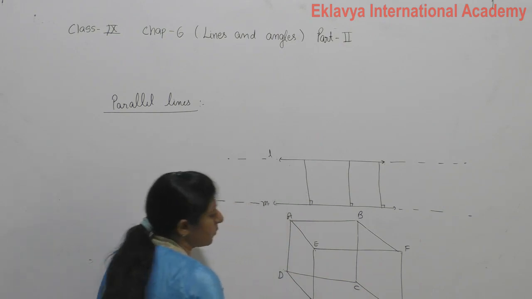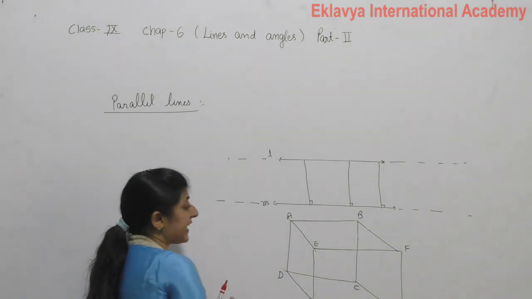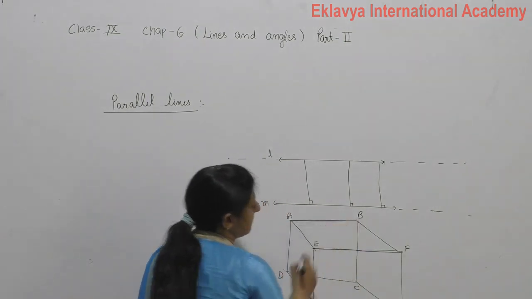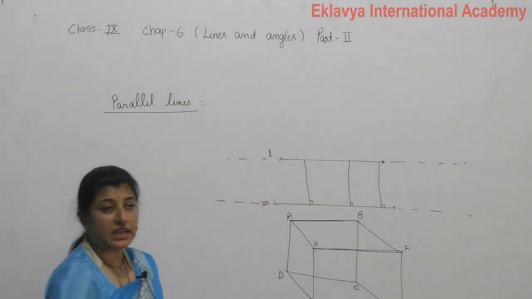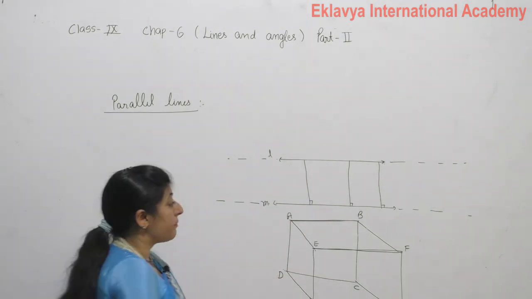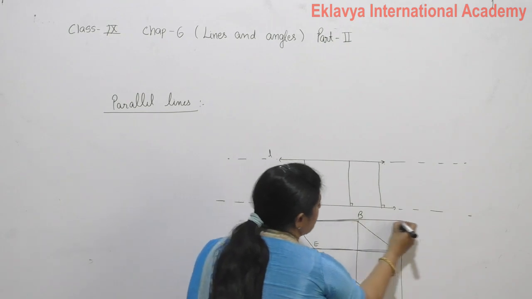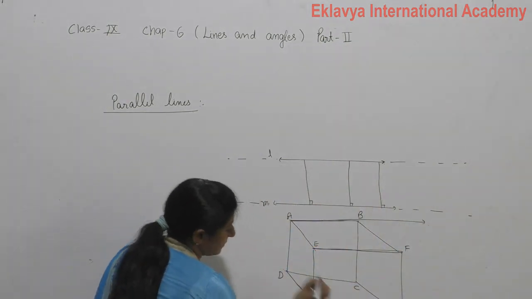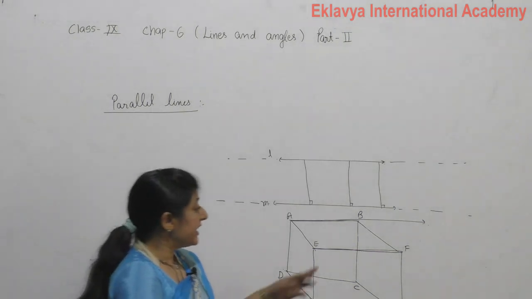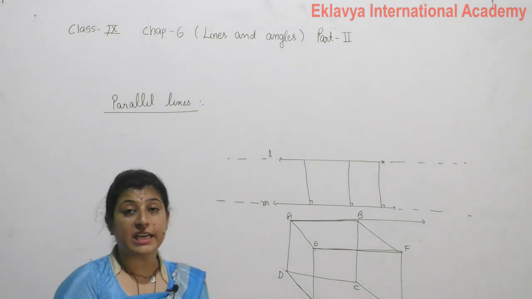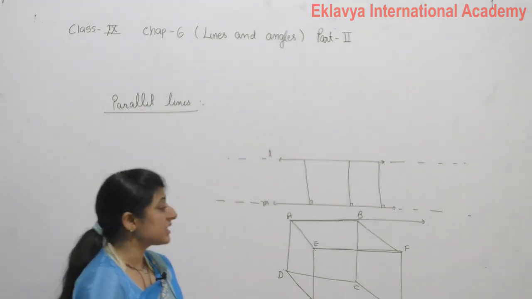I take this cuboid. If I take these two lines EF and AB, these lines are parallel because they never intersect each other. But if I take the line AB and here DH, these two lines also never intersect each other. But can we say these are parallel lines?